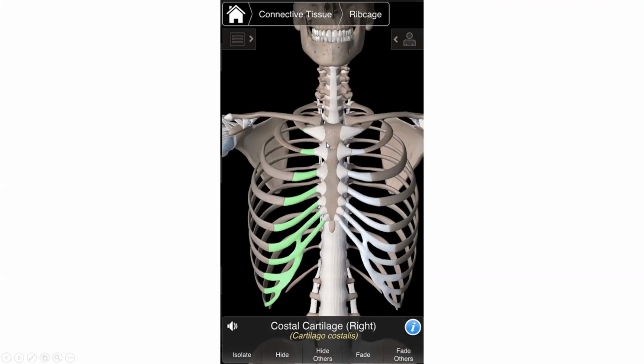And then moving on to our costal cartilage, which is the third row down on the lab sheet. I had to put the connective tissue on there to be able to get the costal cartilage, but the green things there, those are the costal cartilage. There's no true bone-to-bone connection between the costal end of the rib and the sternum.